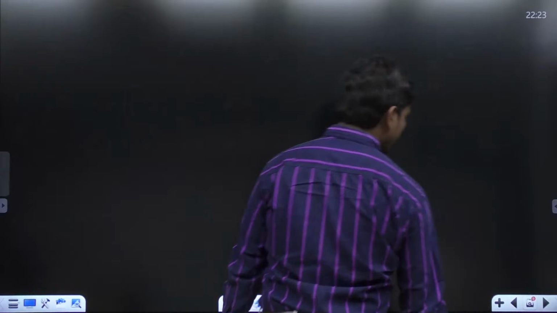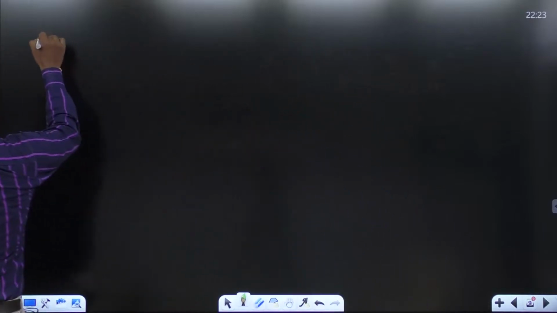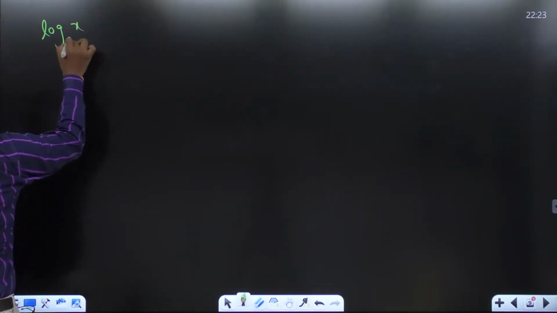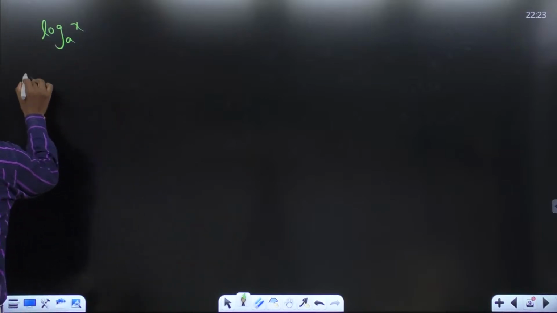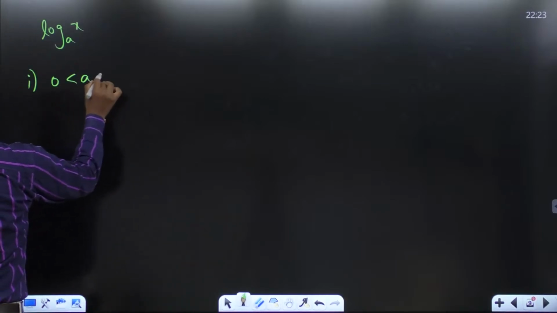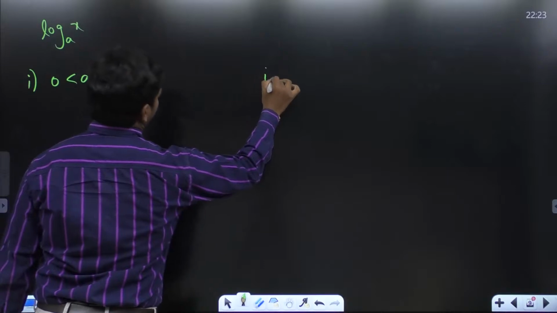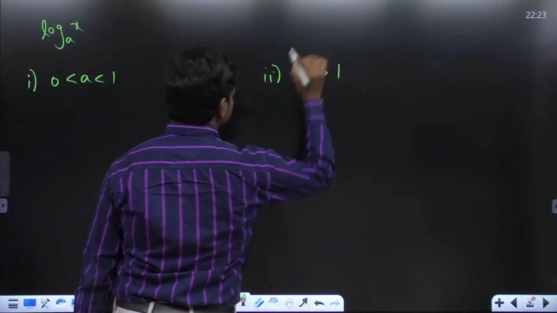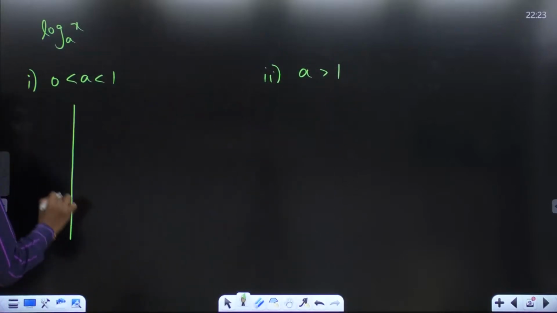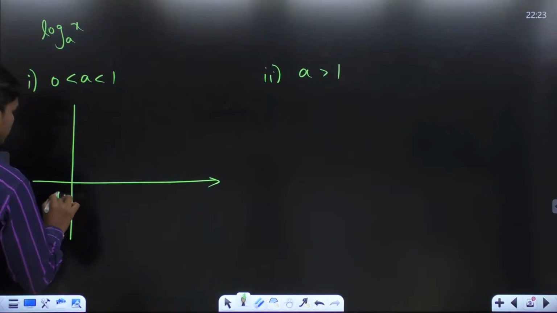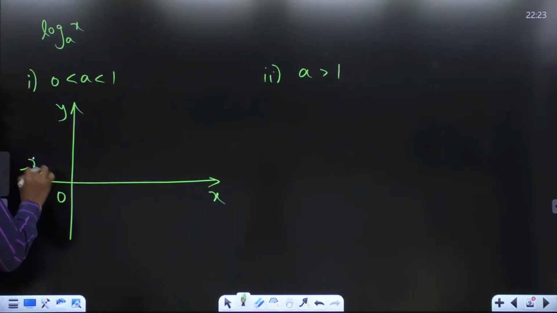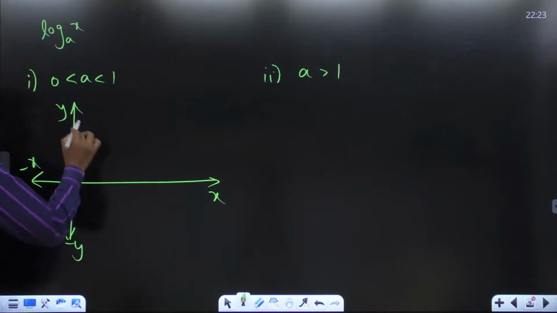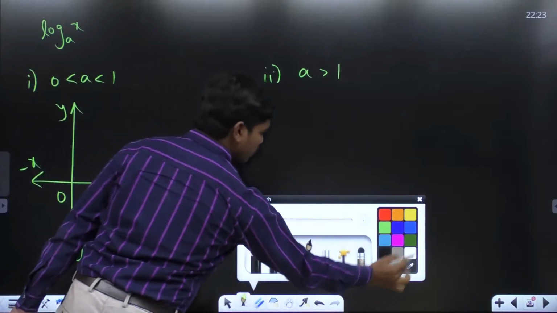Log x graph, Dilwar, we are talking about log x. Log x to the base a has two different graphs, and this is one of the reasons it's been asked in exams. One is this, and second is this case. In the first case, the graph looks something like this, with 0, x, y, minus x, minus y.